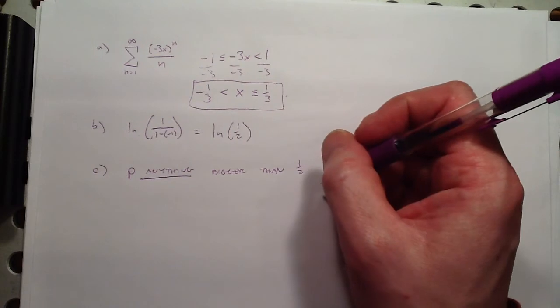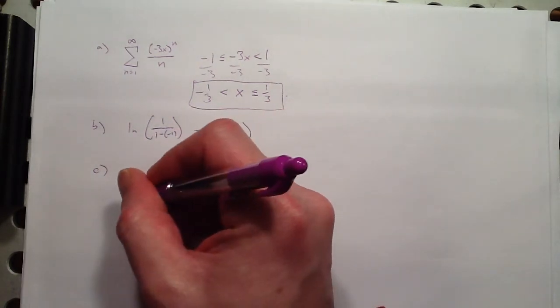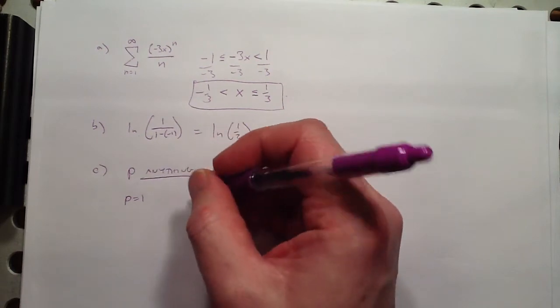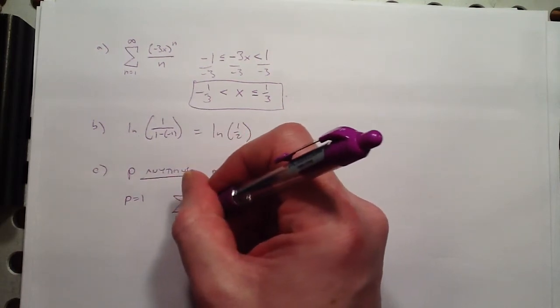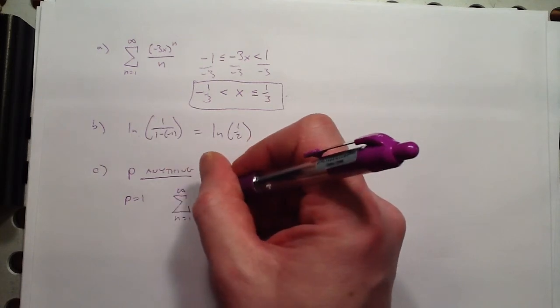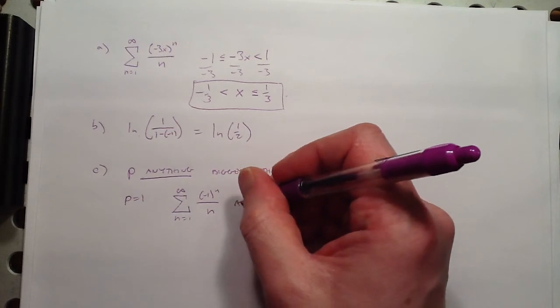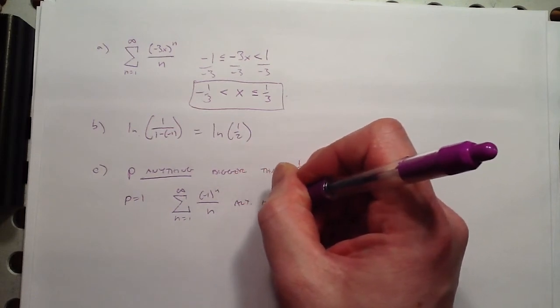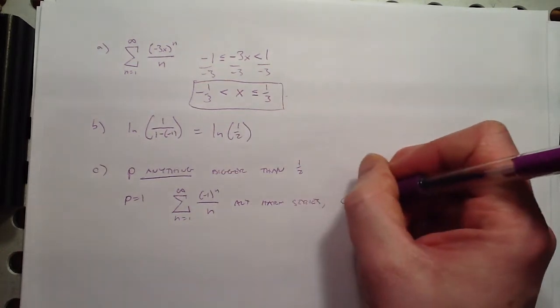And give a reason why your value of p is correct. So I'll pick p equals 1. So for that, we end up with these two series. This one would look like (-1)^n over n, which is the alternating harmonic series, which converges.